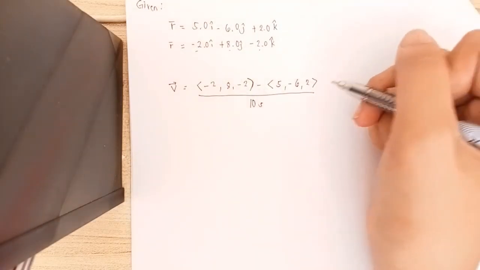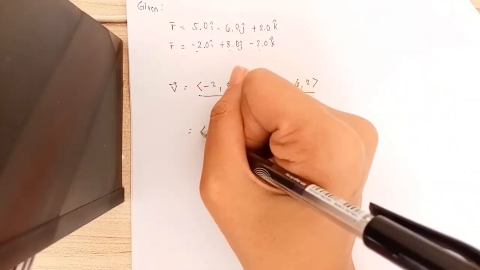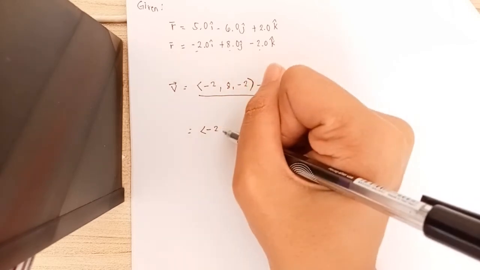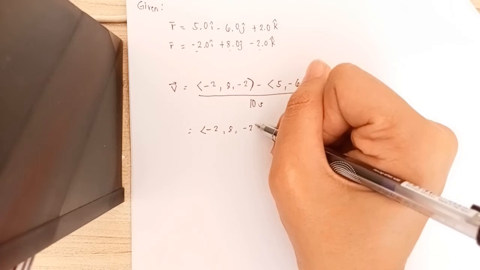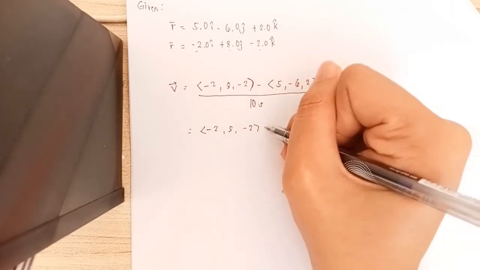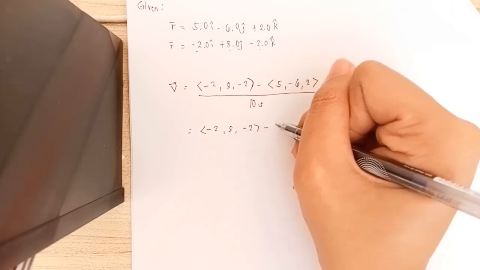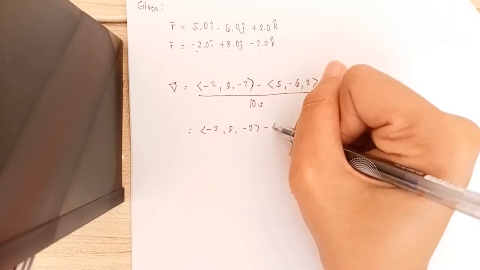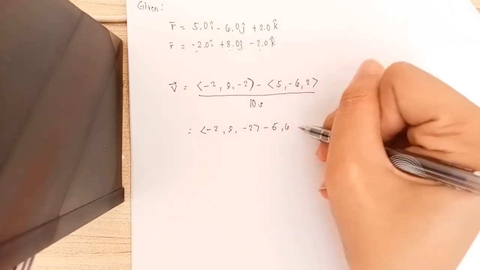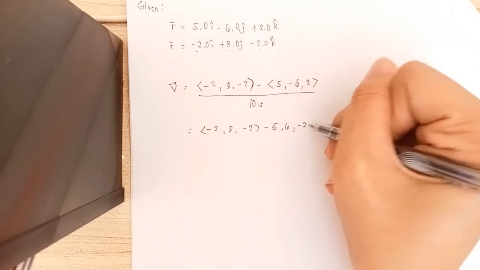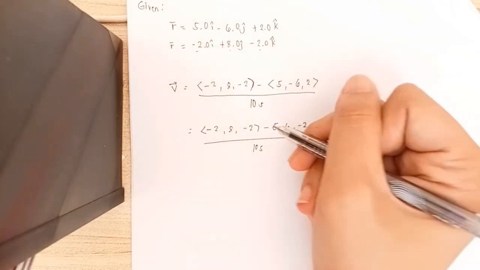So basic subtraction, we need to first change the sign. Negative 2, 8, negative 2, negative 5, comma, positive 6, comma, negative 2 all over 10 seconds.